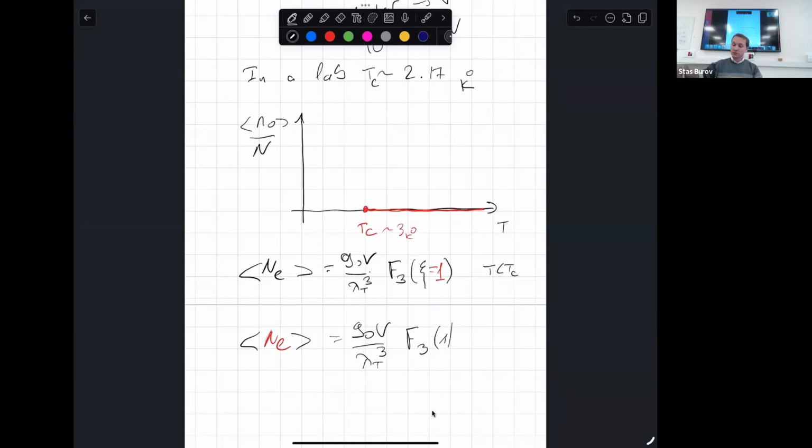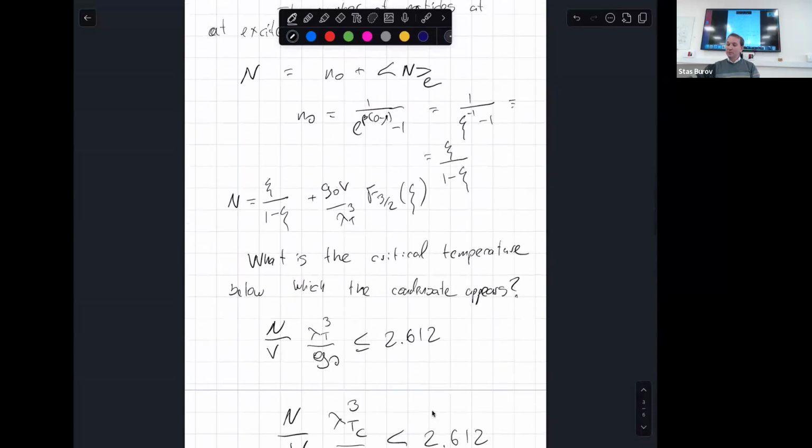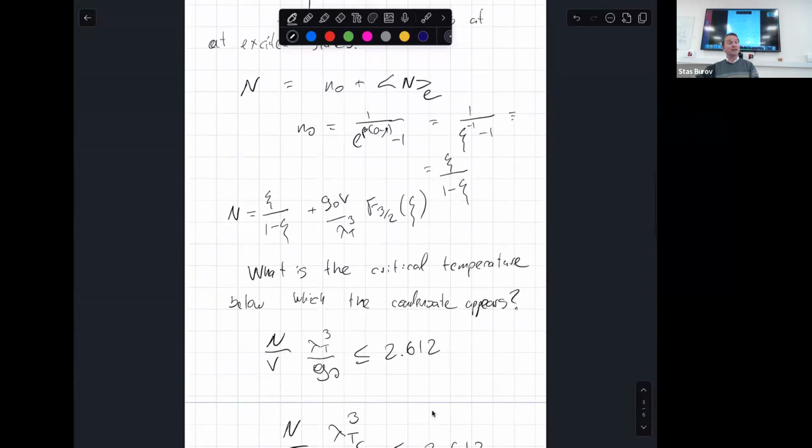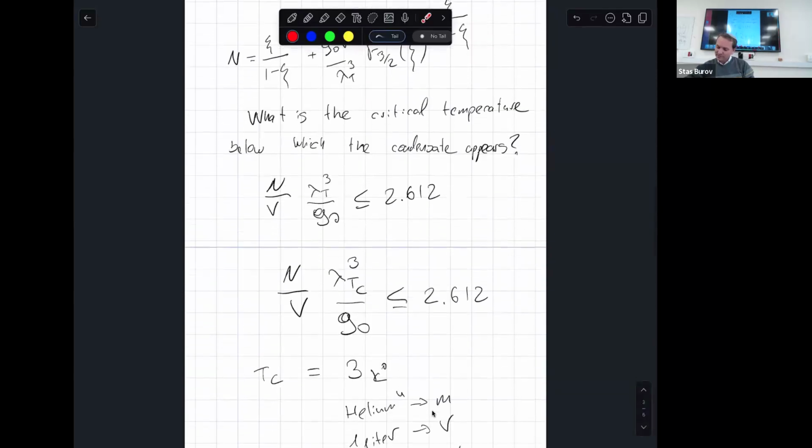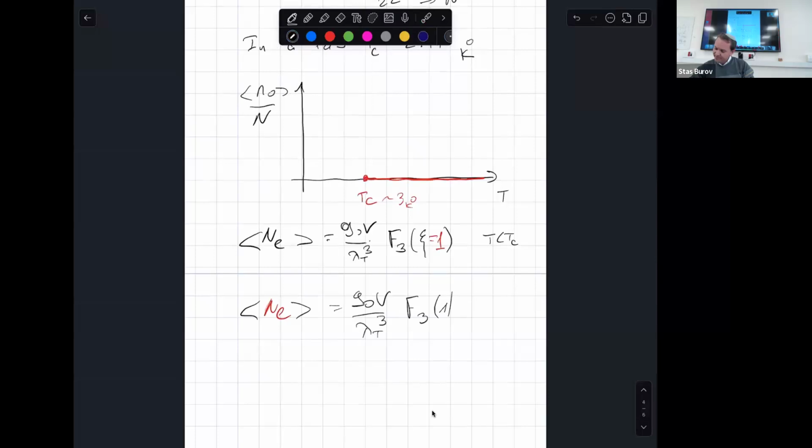Can I ask a question? Yes. Earlier you wrote an expression for the total number of particles in the machine, 1 over fugacity. Yes. How could it be the fugacity equal to 1? But, okay, the fugacity, great question. So this is some sort of an approximation, right? So the fugacity is e to the power beta mu.